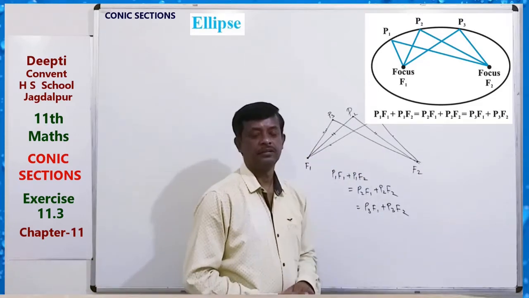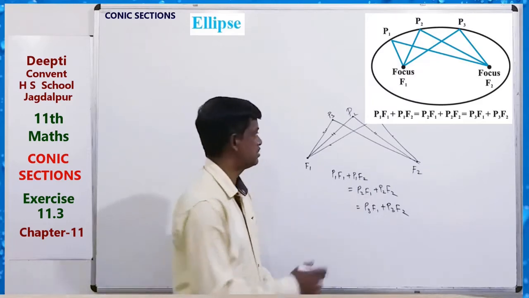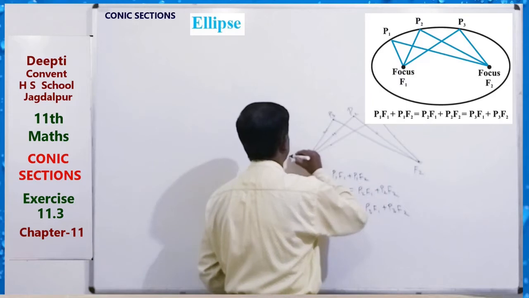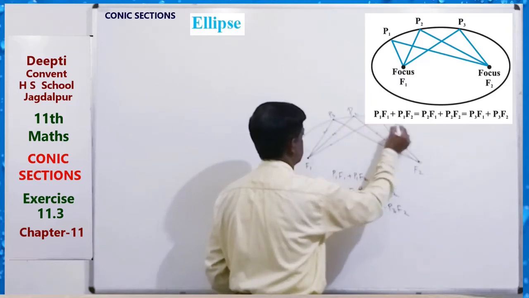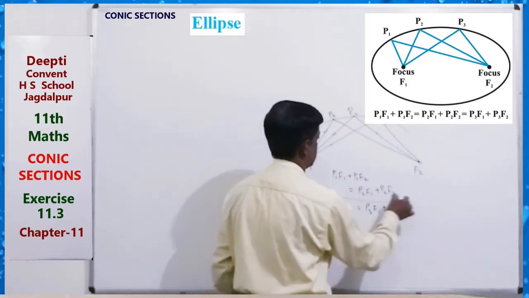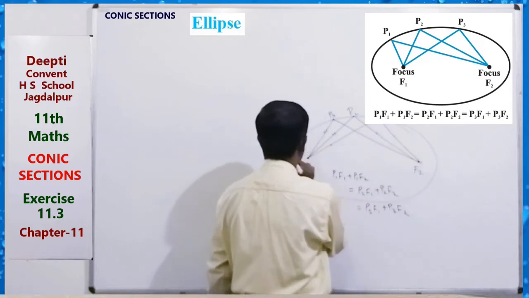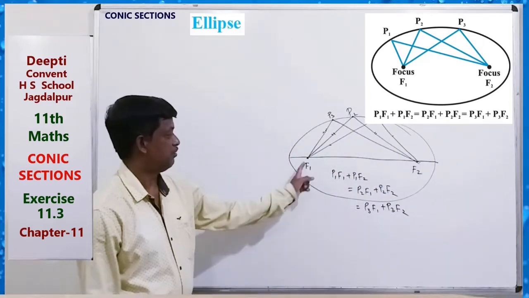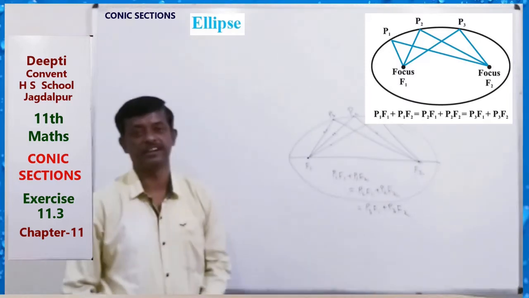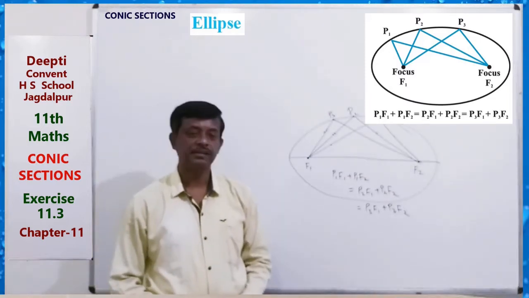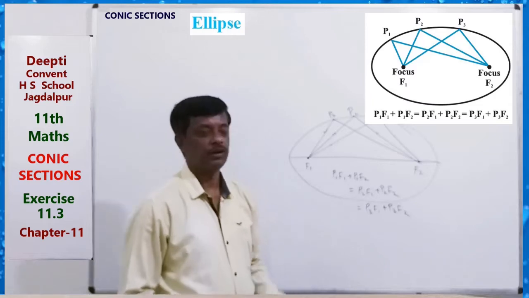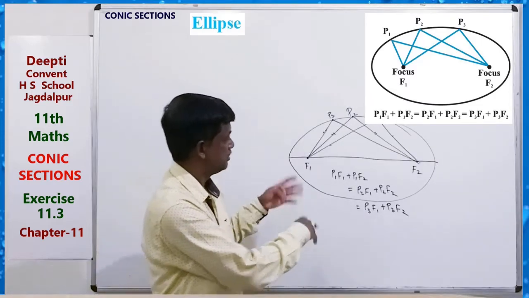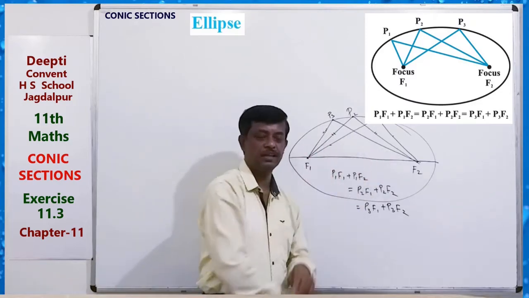Then the collection of such points, the path of such points, is called an ellipse, just like this, F1, F2. You can see it in the diagram also. Clear?